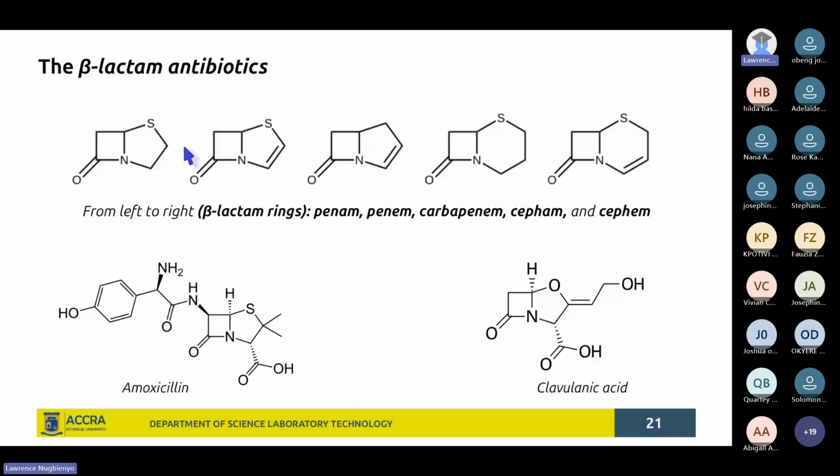That ring in clavulanic acid is an oxypenam. Because you see that it's a penam, but in place of the sulfur, you have oxygen. So that is an oxypenam that you have there for clavulanic acid.